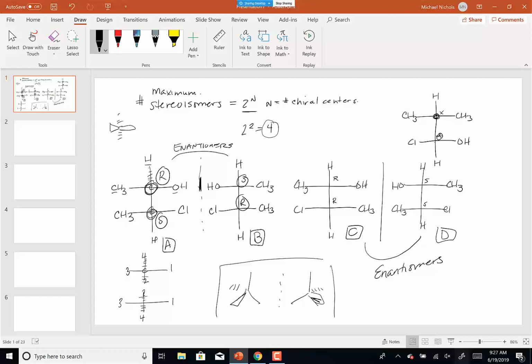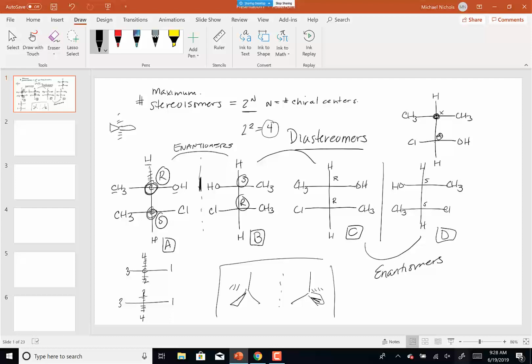I think you said C is not a mirror image of A or B. So C is not an enantiomer of A or B. So what is it? It's a diastereomer. So B and C are diastereomers.